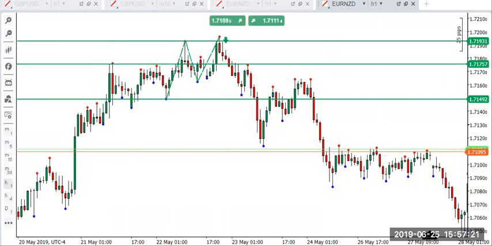So when I enter short here, I'm saying that the hunted swing high gives me a hint as to where sellers want to take price to, as in the swing low that's connected to it.